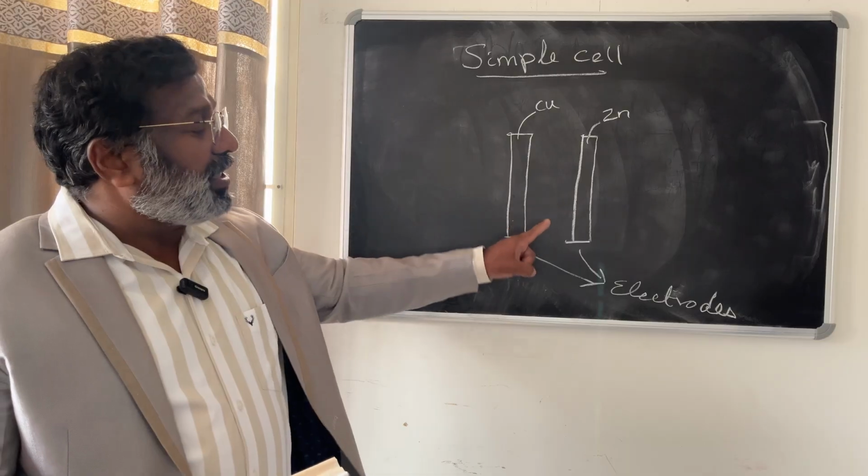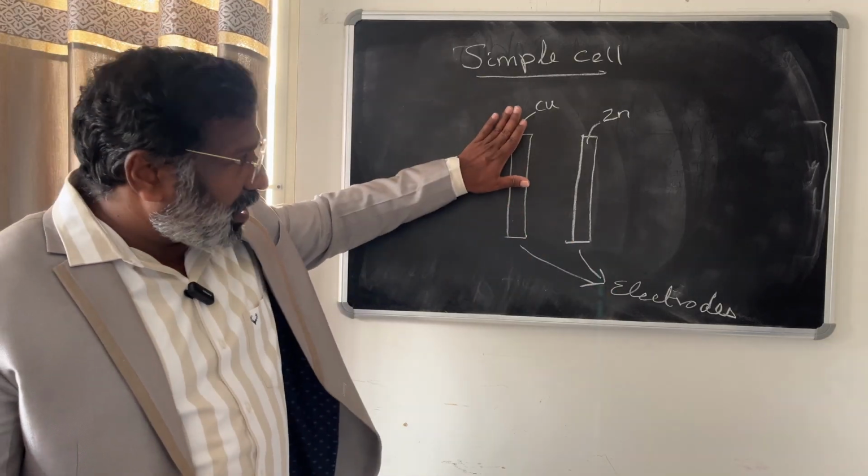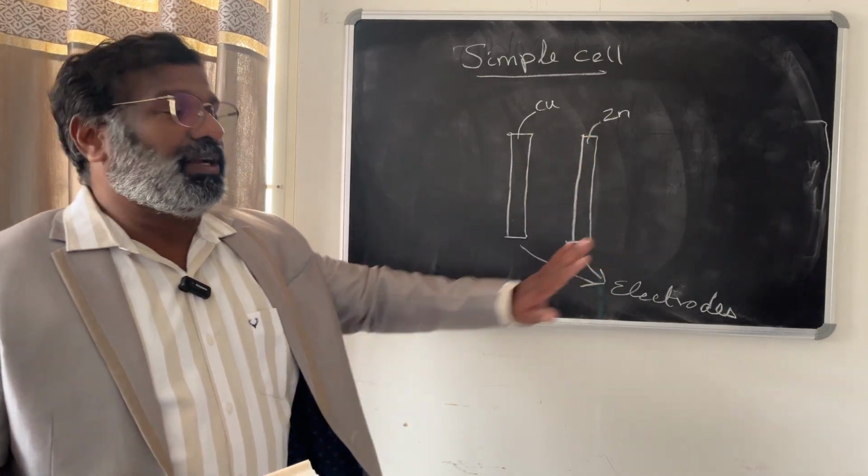And these two metal plates, the copper plate and the zinc plate, are called electrodes. Clear? A simple cell comprises two metal plates made of different materials. So there is one copper electrode and one zinc electrode.